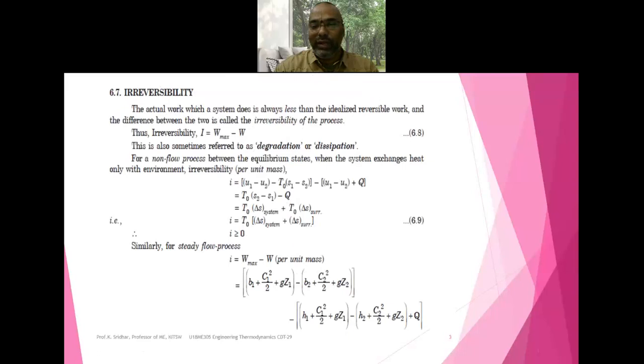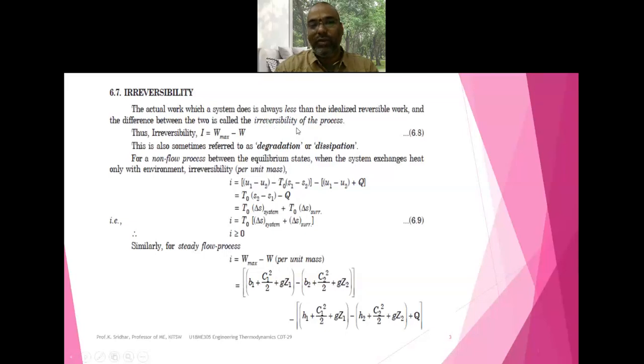So first of all, how can we define irreversibility? The actual work which a system does is always less than the idealized reversible work. The difference between the maximum work and the actual work is known as irreversibility.